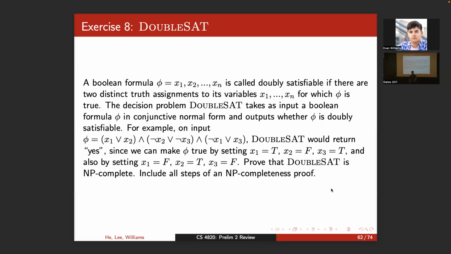The forward direction becomes really trivial. For the reverse direction, you have two satisfying assignments. Actually, wait, you can't just flip it.